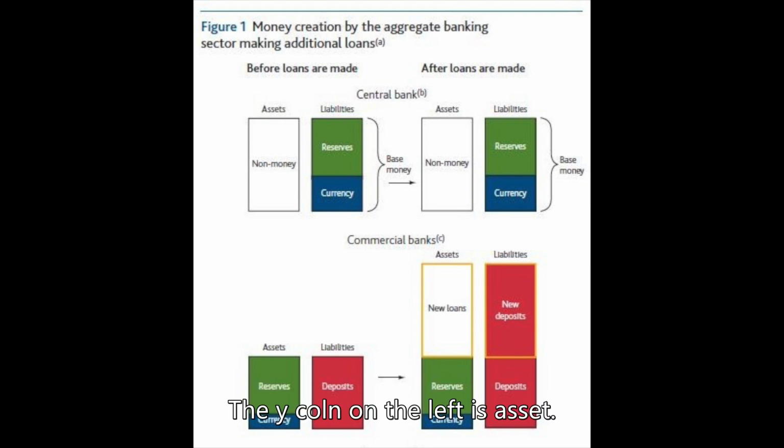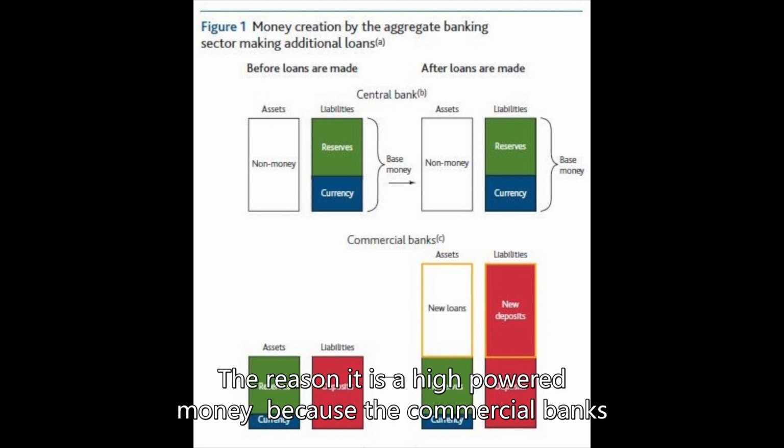The white column on the left is asset. In fact, it is also called the high-powered money.